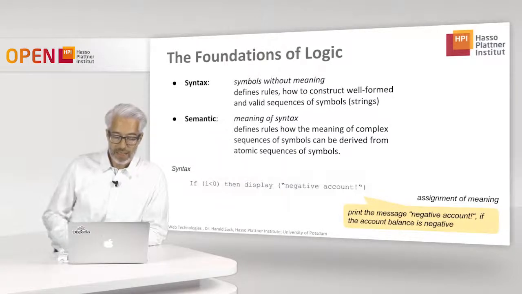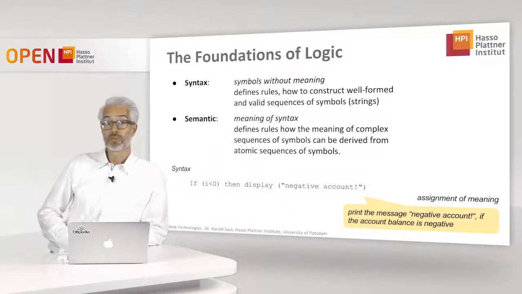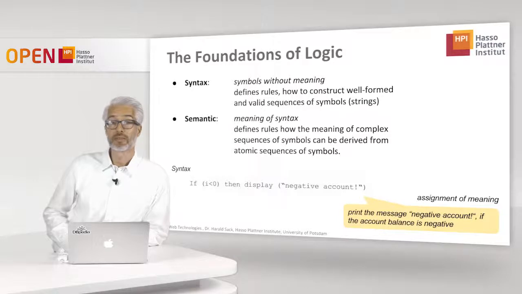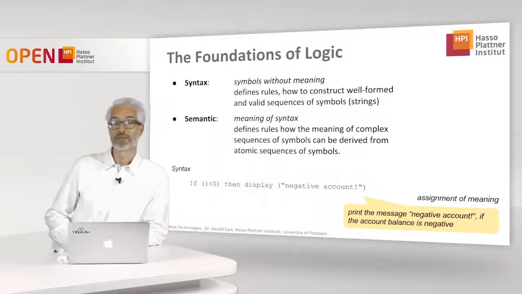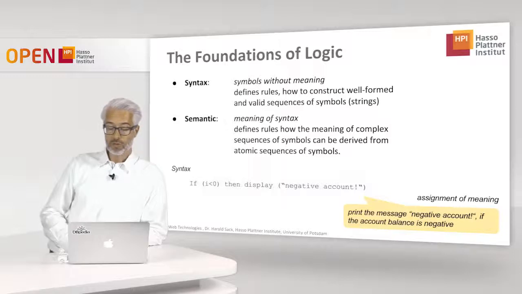As an example, when I have a statement in a programming language like the one you see here, if i is smaller than 0, then display "negative account!". This would be a program line, and of course this has some meaning. It means print the message "negative account" if the account balance is negative. So you see here, assignment of meaning is rather important.